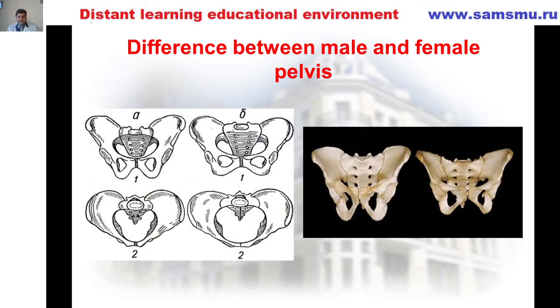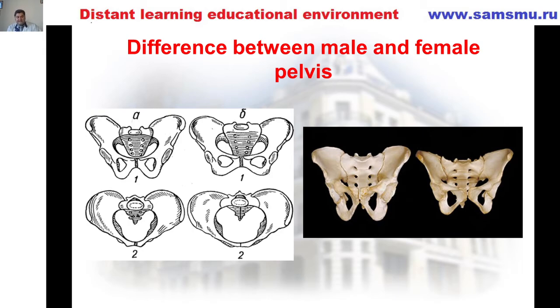Sex differences begin to be manifested most sharply with the onset of puberty. They consist in the following. The bones of the female pelvis are generally thinner and smoother than those of the male pelvis.